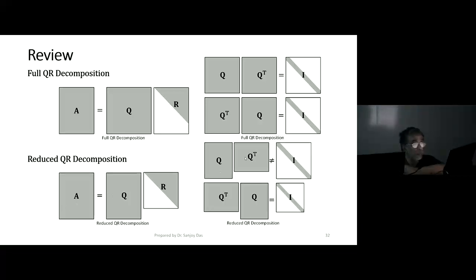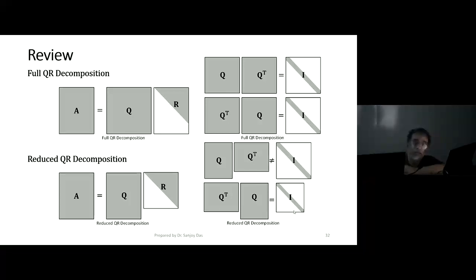This Q transpose is not equal to I because this cannot be full rank. And Q transpose Q is the smaller I, with size equal to the number of rows of Q transpose, which is the same as n, the number of columns of A.